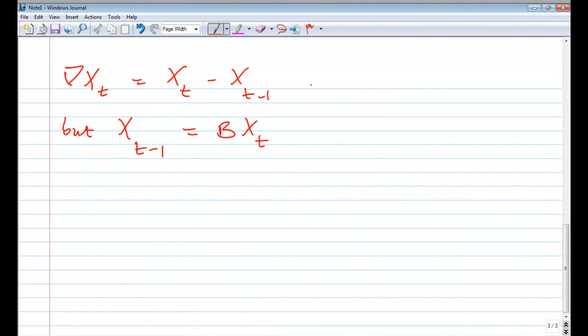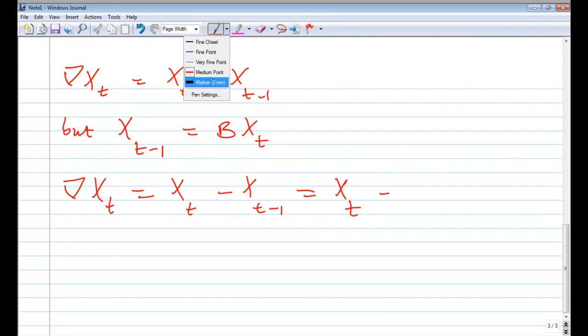So from that formula, we can substitute xt minus 1 by bxt, and you get change in xt equal to xt minus bxt.